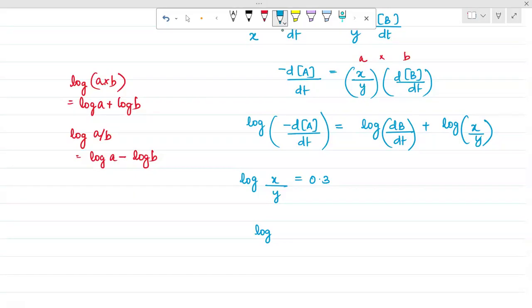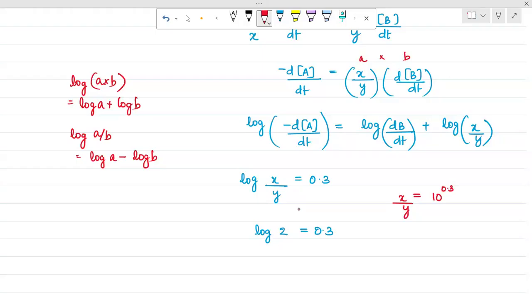So this is log x by y equal to 0.3, and you have to know that log 2 is equal to 0.3. Otherwise, you can use a calculator as well. We do have access to a calculator, so you can do that as well. How to do that? You have to take the anti-log, right? For x by y, the anti-log on the right side becomes 10 to the power 0.3.